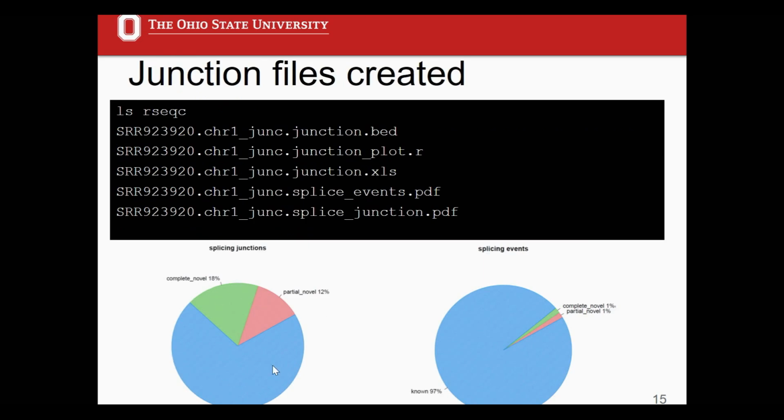Yeah, here you can see it will create some PDF plots, telling you that out of all those splicing junction reads, the known ones are about 70%. Complete novel means both of the exons are unknown. Those are 18%. And partial novel means only one exon is new. So those are 12%.